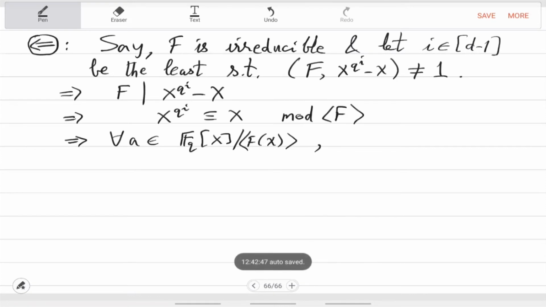Any element A that you take in this quotient ring FQX mod Fx. So first of all, this ring is what? Why is it a field? Yeah, because we have assumed big F to be irreducible, right? So this is a field. What can you say about the elements in this, which is again a finite field? Elements A in this finite field. They're all roots of... Every A will satisfy the previous Frobenius action. Why is that? That is not trivial. How do you show this?